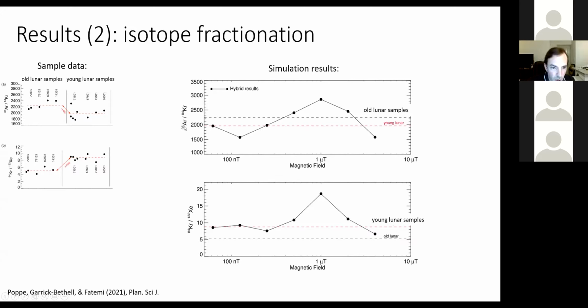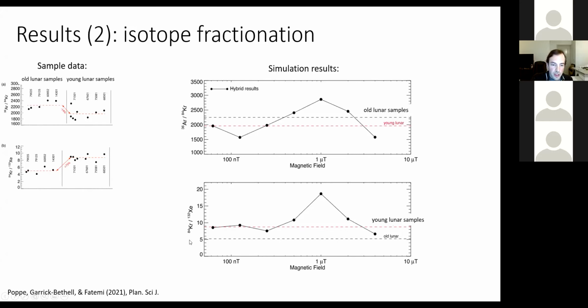So if you're studying argon and krypton isotope ratios, the magnetic field can really mess up your studies. And so you do need to worry about the magnetic field on the moon a long time ago. This one has more of a consistent trend, is that with the magnetic field at stronger and stronger values, maybe it approaches the old lunar value, the old samples.